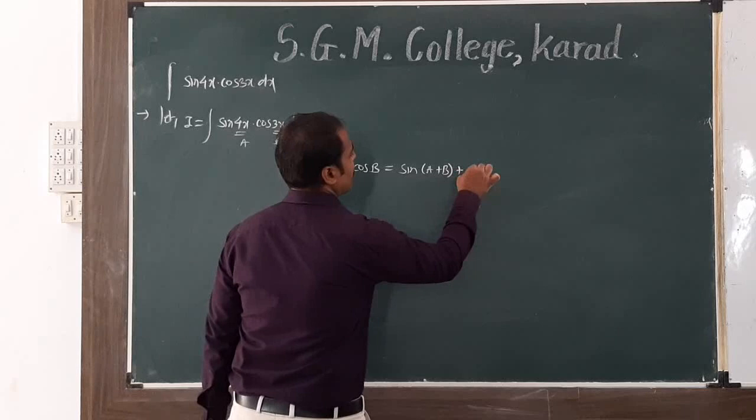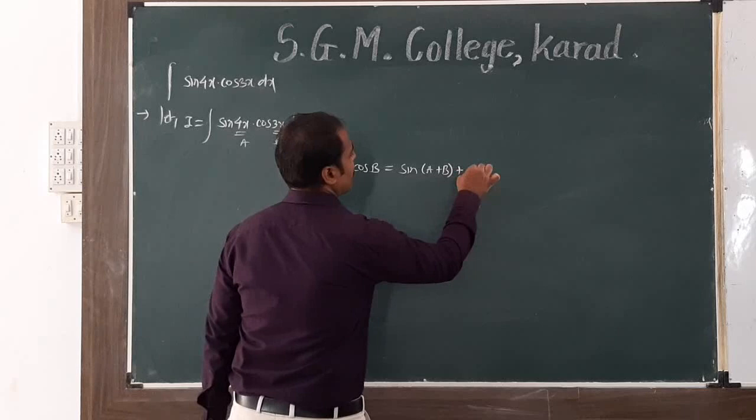So sin a into cos b is equal to 1 upon 2 into sin of a plus b, it is a formula for defactorization, plus sin of a minus b. In the first bracket there is addition and in the second bracket there is subtraction. Or you can revise the formula from the factorization formula. Sin plus sin is 2 sin cos. Okay, like this.